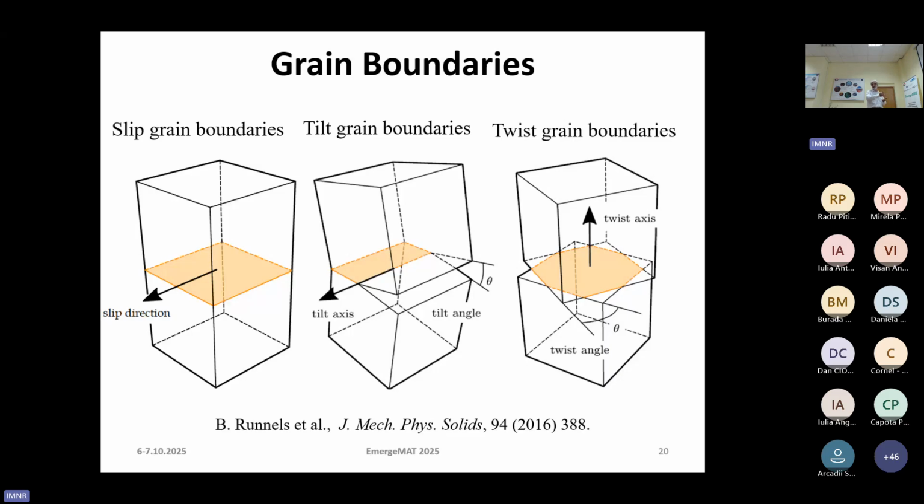So it's the same phase, only that due to some mechanical action, they are shifted, they are slid along one direction, or they are rotated along one axis, which is in their common plane, or it is twisted around the axis which is perpendicular on the common plane.